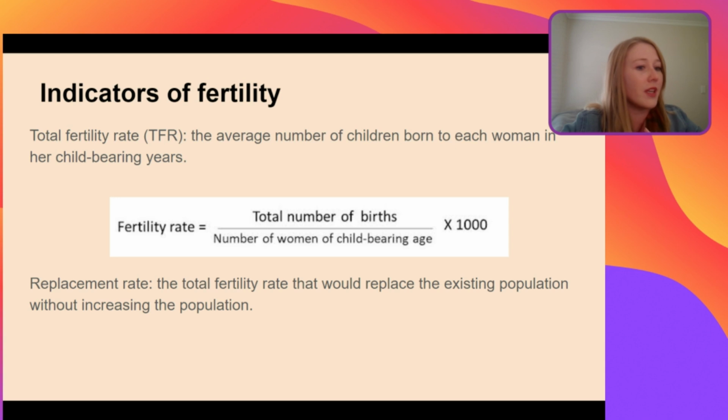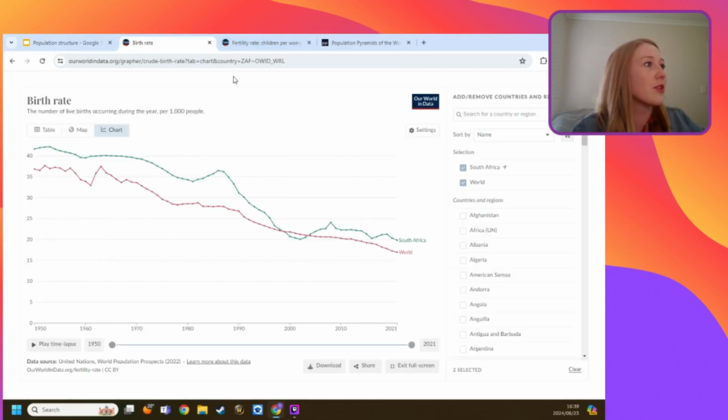Like I was saying, replacement rate is 2.1 as a fertility rate, which means that the average woman has to have 2.1 kids overall to maintain the population. And you could see that the global average was 2.3-ish. So we're still above that replacement rate, which means that our overall population is still growing. So let's actually just bring up the overall.